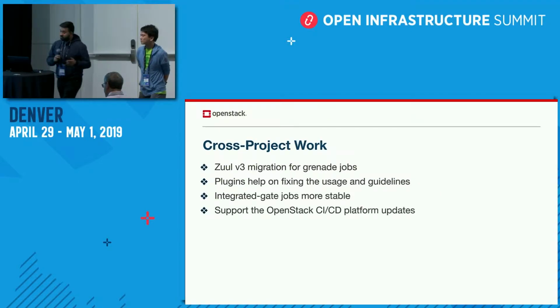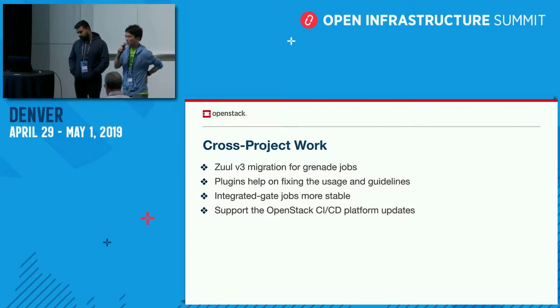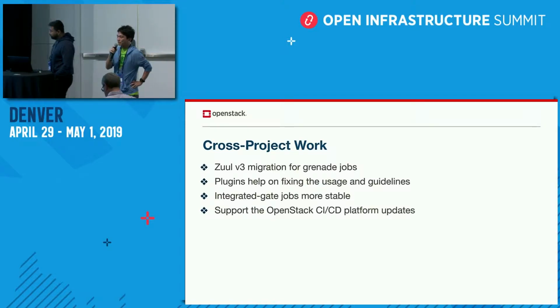Next, cross-project work, Masayuki. For cross-project work, we currently have 4 things. First one is Zuul v3 migration for the coordinated jobs, and the other is plugin help on fixing the usage and the guardian. We need to help individual projects use the plugins.